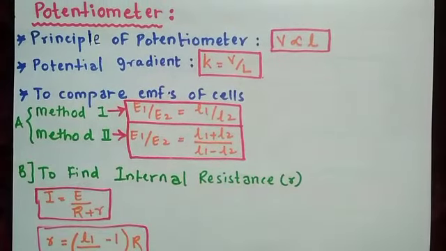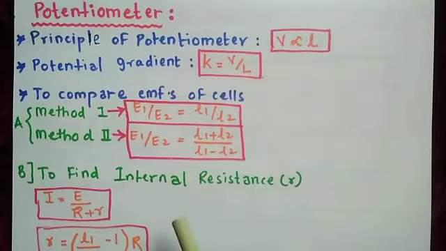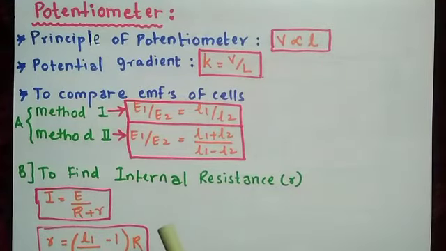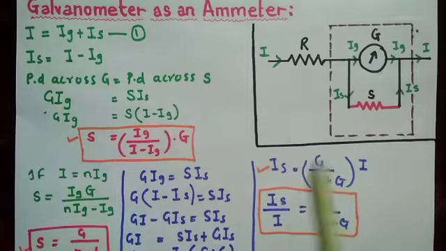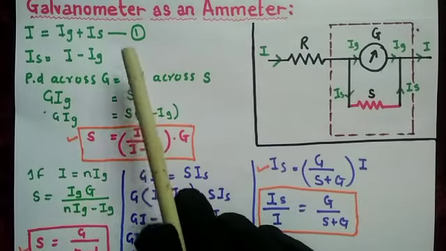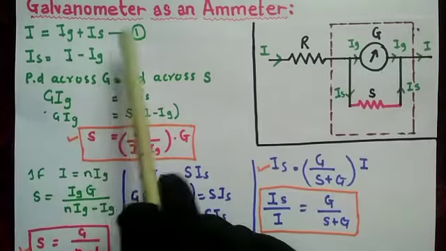Then we had a few more applications of the potentiometer, then its merits and demerits, and after the potentiometer we had the galvanometer. We can use the galvanometer as an ammeter.